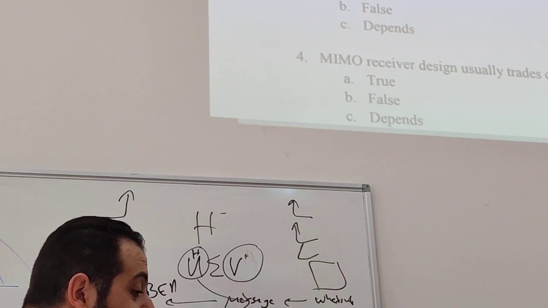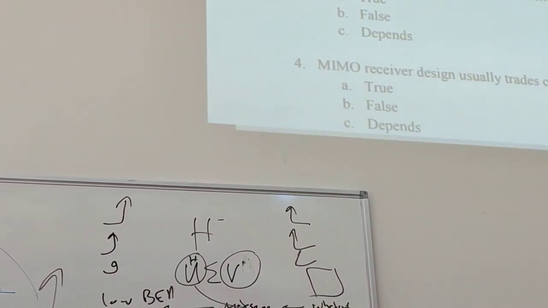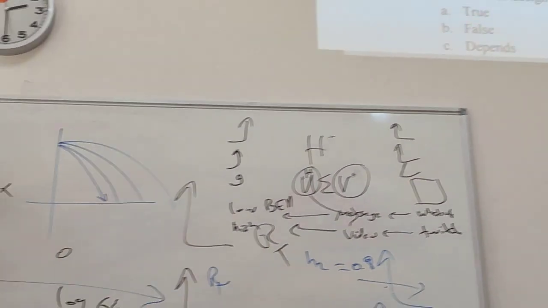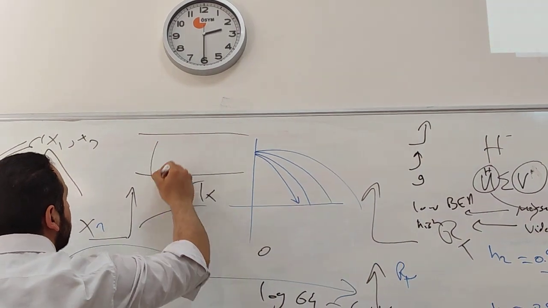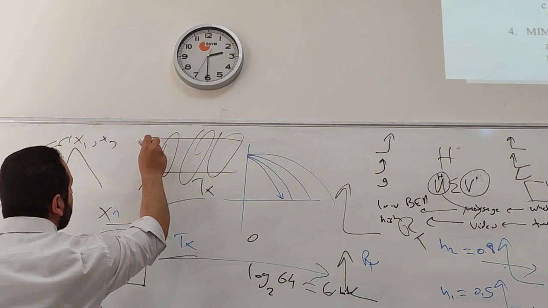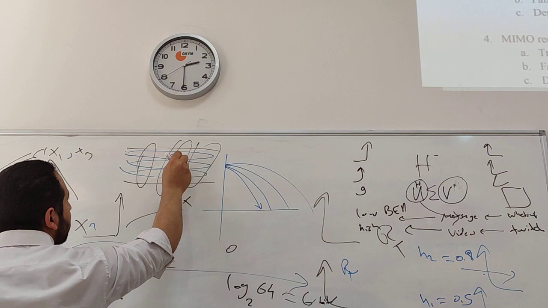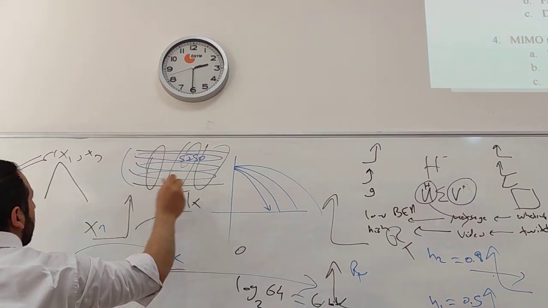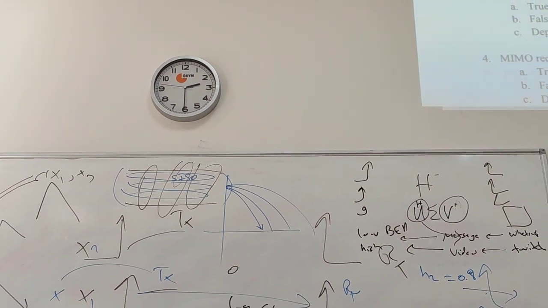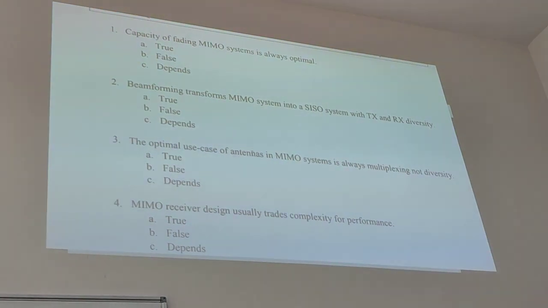But what it does is divide the channel into sub-channels, and these sub-channels are not interfering with each other. So instead of having one wide channel, you divide it into smaller channels. And this becomes like SISO, and this whole MIMO system is broken down into multiple SISO systems using singular value decomposition.